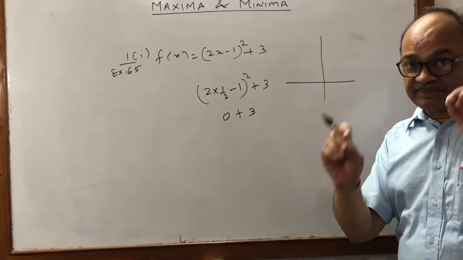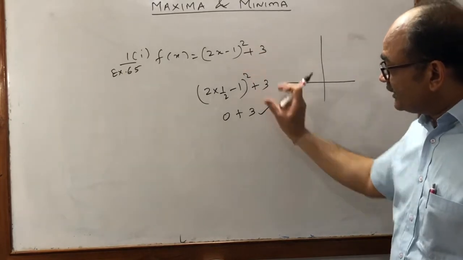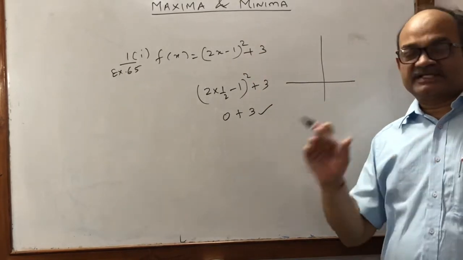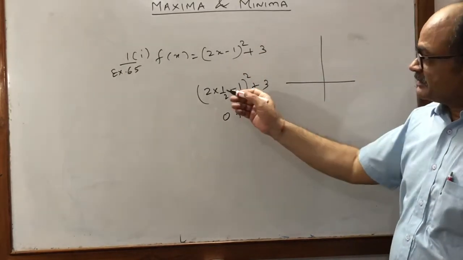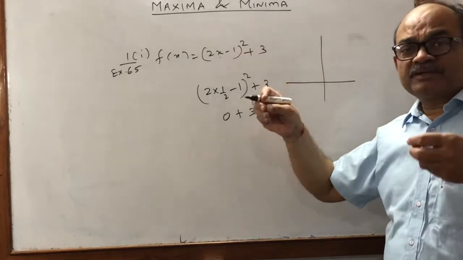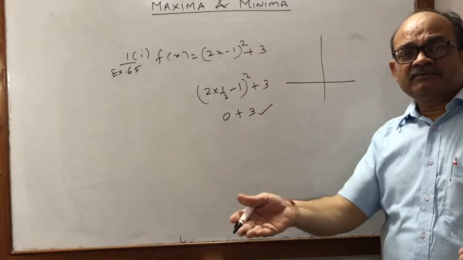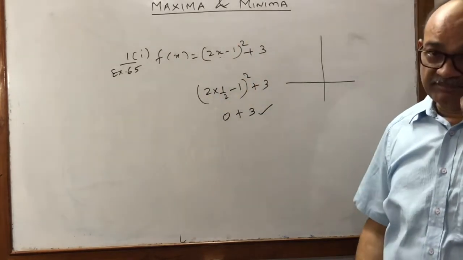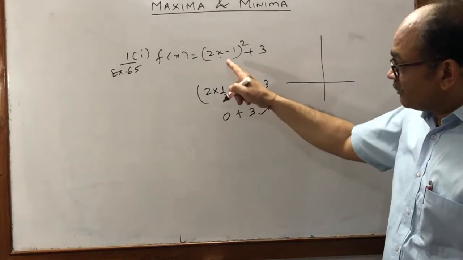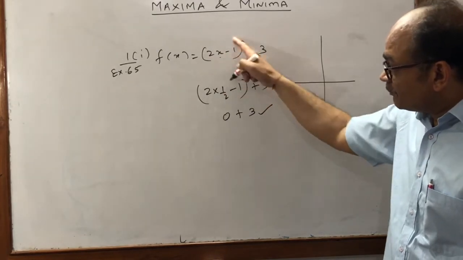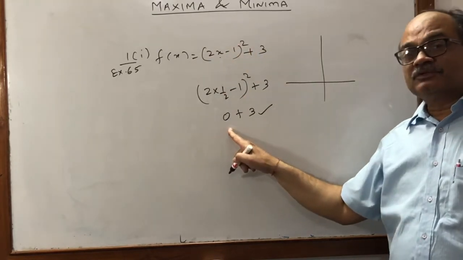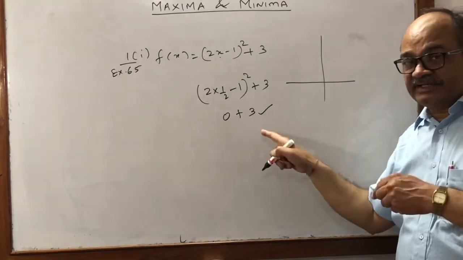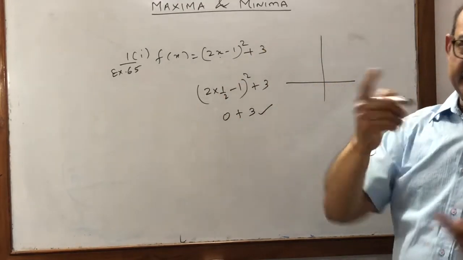It means the minimum value of the whole function is 3, but there will be no maximum value. Why? Because for x, you can put any number, you are getting a larger value. There is no limit. But for the minimum there is a particular limit, because the minimum value of a whole square is positive, the least value 0. And we are adding plus 3, that's why it is 0 plus 3.